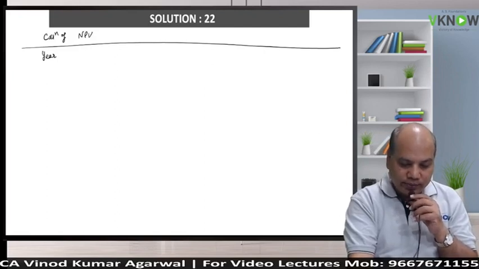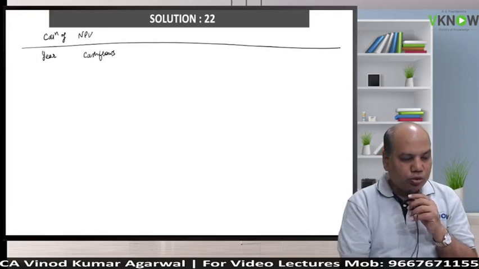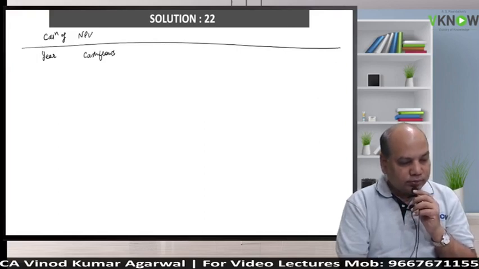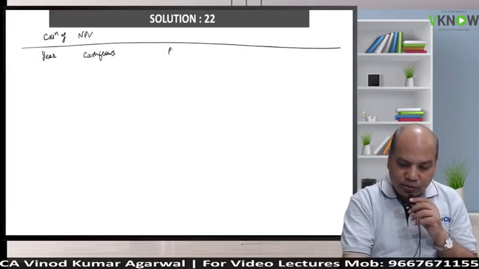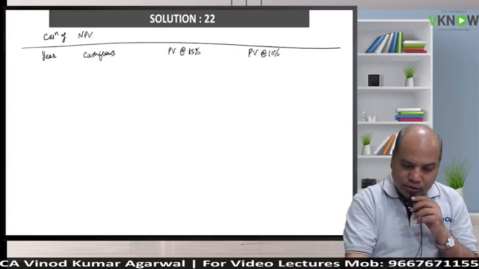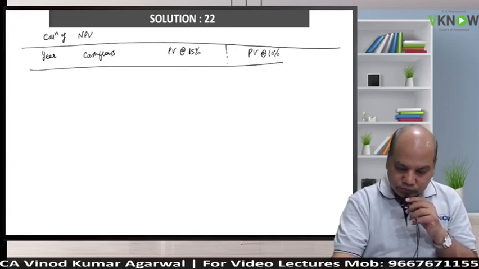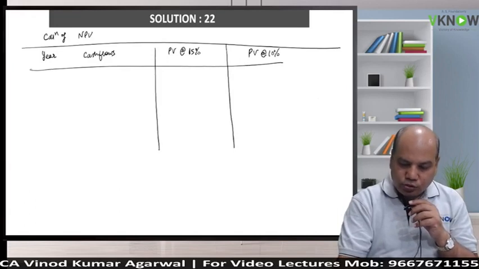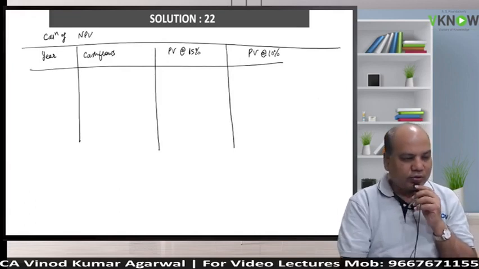Year, cash flow. These 2 columns will be constant. Then write down present value at the rate of 15% and present value at the rate of 10%. I will solve without writing discounting factor, okay?